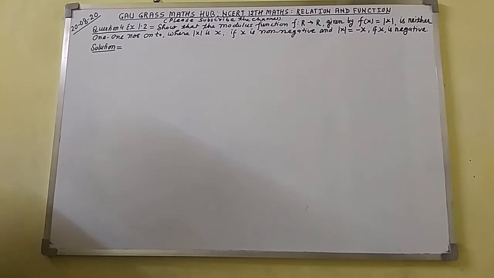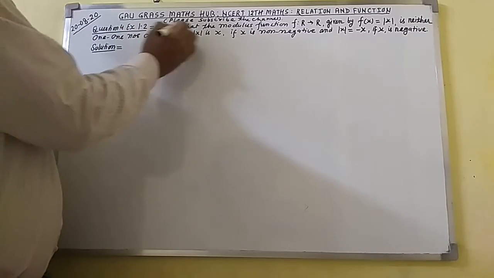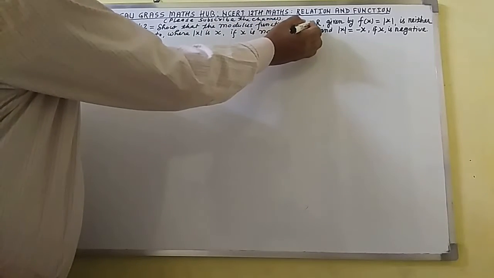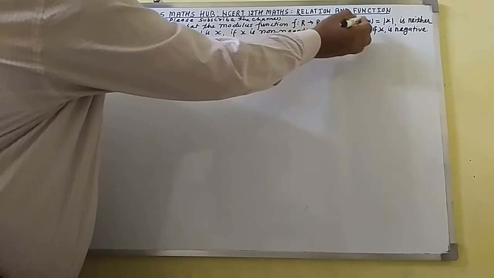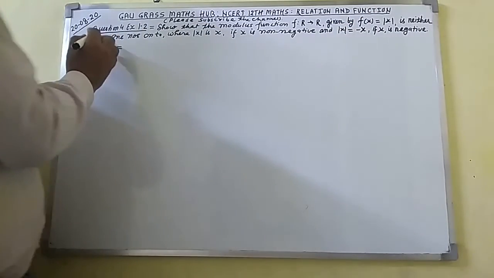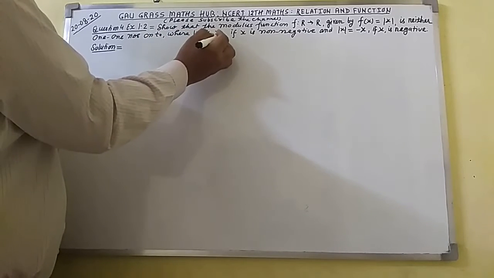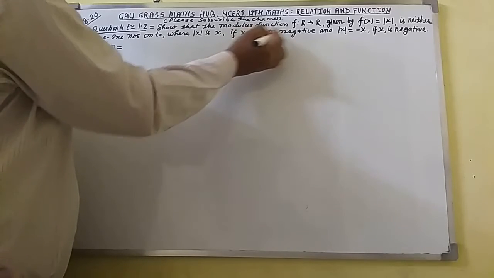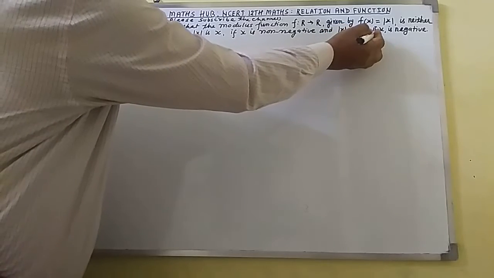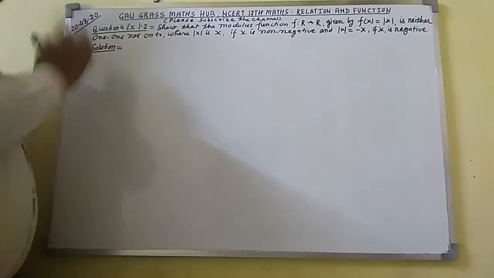That question is question number 4, exercise 1.2: show that the modulus function f from capital R to capital R, given by f of x equal to mod x, is neither one-one nor onto, where mod x is x if x is non-negative and mod x is equal to minus x if x is negative. Now come to the solution.